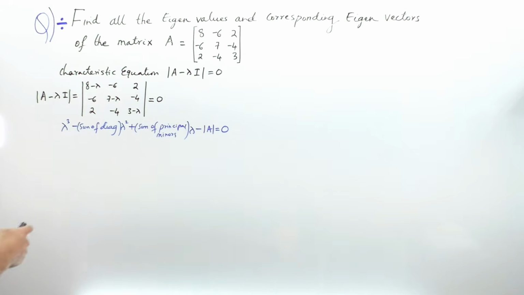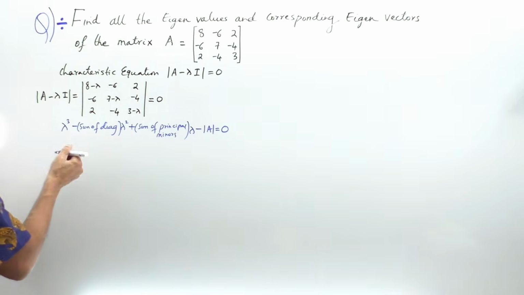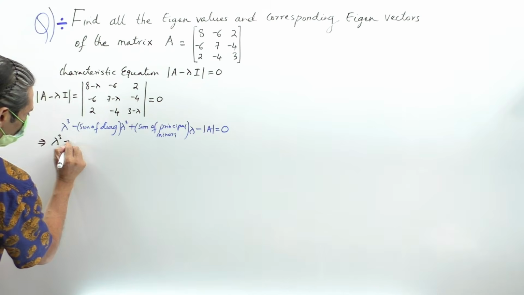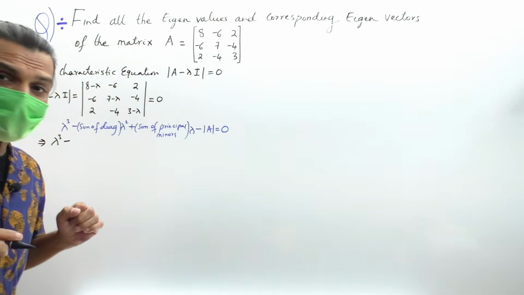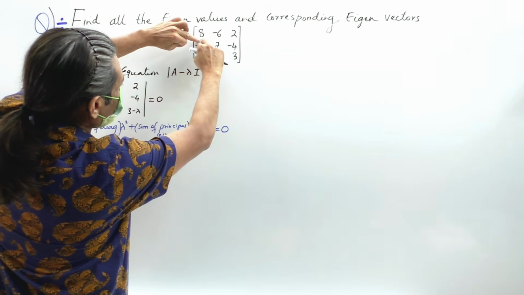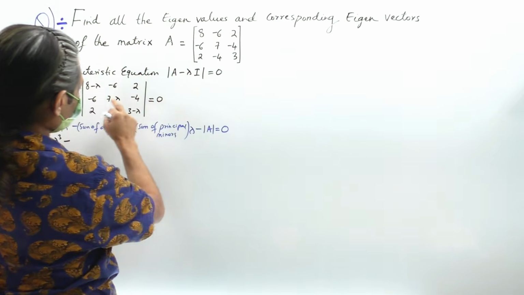First, lambda cube minus the sum of diagonal. See, 8 plus 7 is 15, 15 plus 3 is 18, that's it.